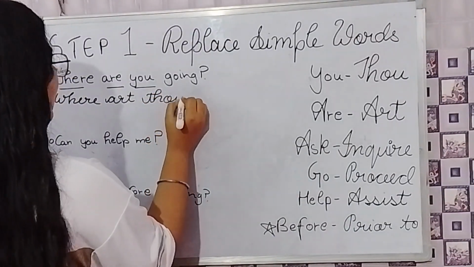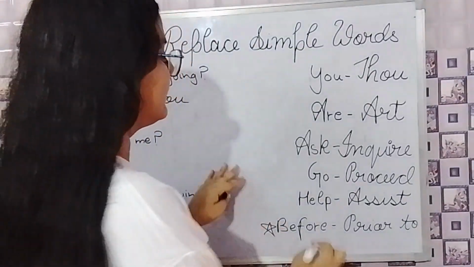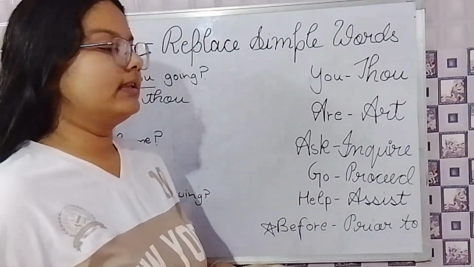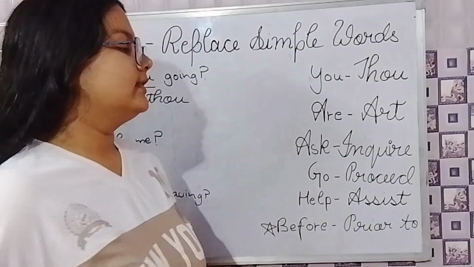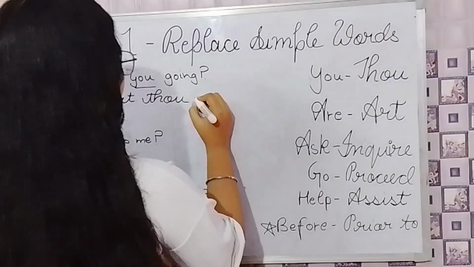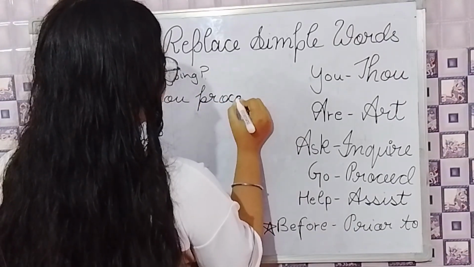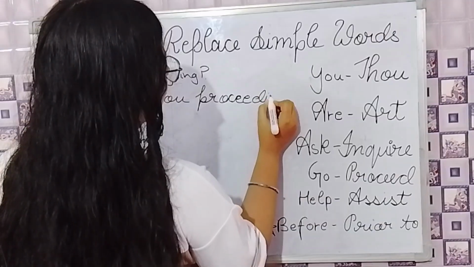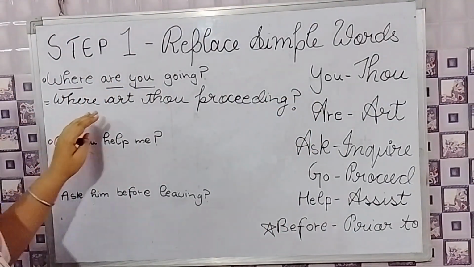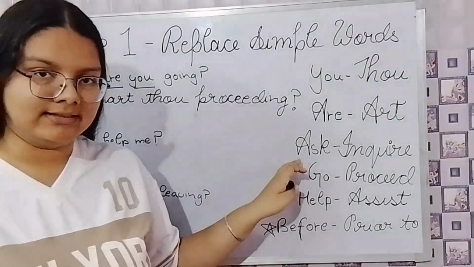Where art thou going will change into proceeding, because go changes into proceed, and as we are using the ing version of this, we'll go with proceeding. Where art thou proceeding? So this is the conversion of a normal sentence into a Victorian English sentence.